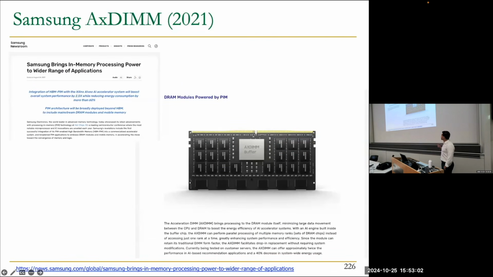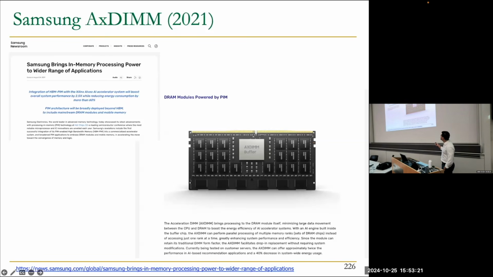So Samsung also has another solution for recommendation systems. And this is the AxDIMM work that they published in 2021. Someone asked them about LRDIMM, so this is an LRDIMM actually.